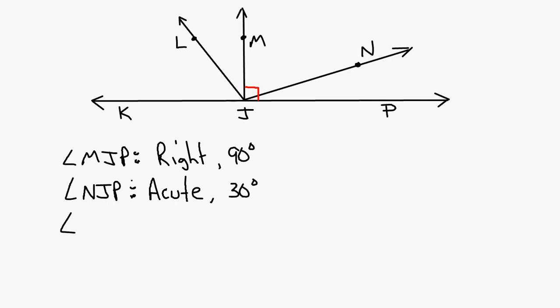Angle KJN. Obtuse. Okay, this much of it right here, that much of it would be 90, right?